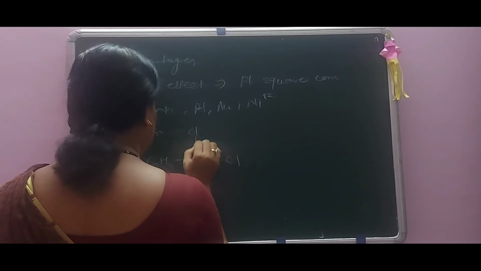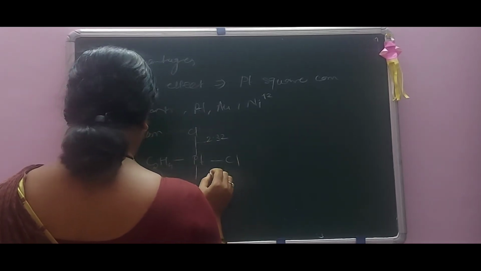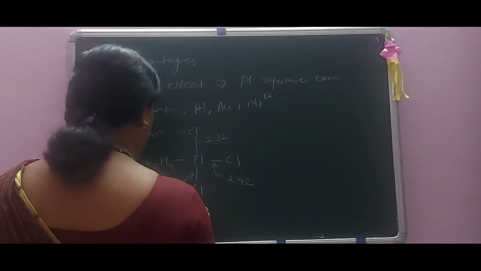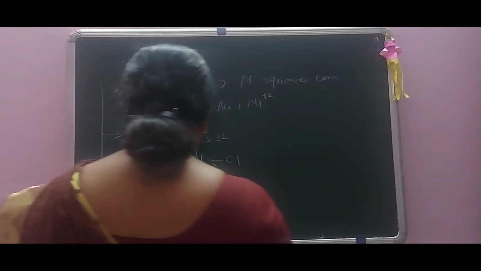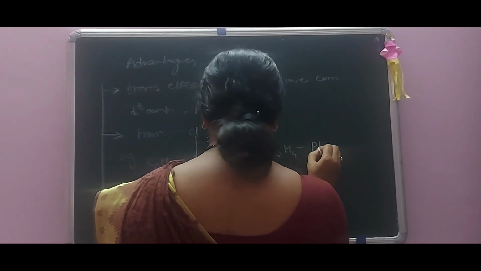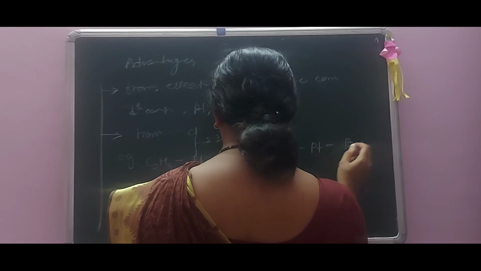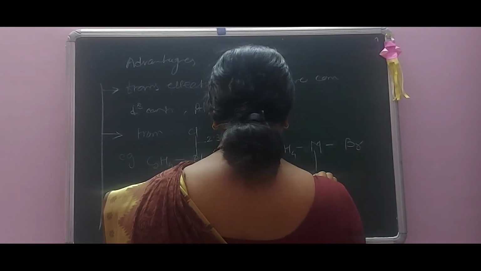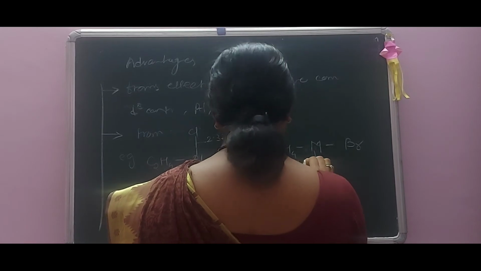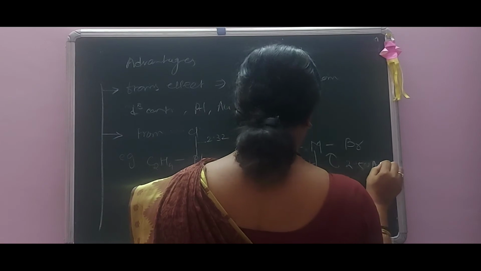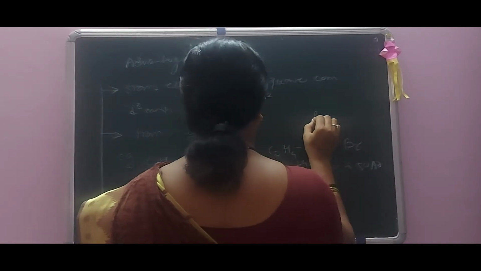This bond distance is 2.32, and this bond distance is 2.42. This is also 2.32. Again, C2H4, platinum, Br, here 2.42 and here 2.50 angstrom. This is of Br.